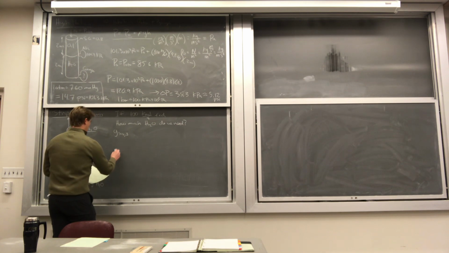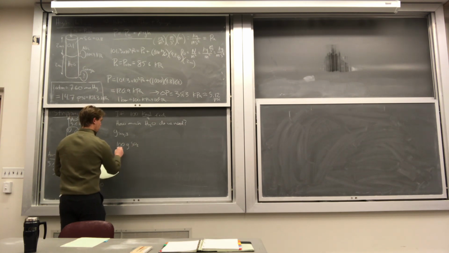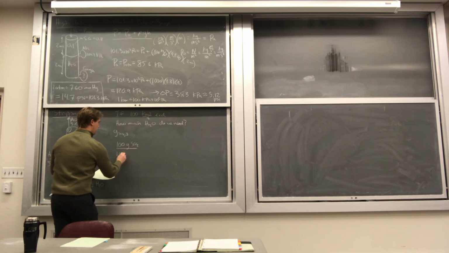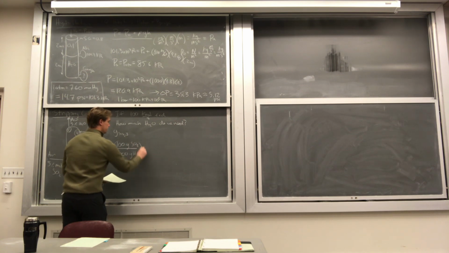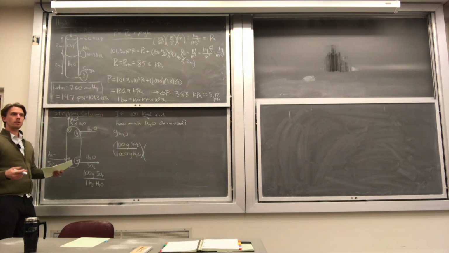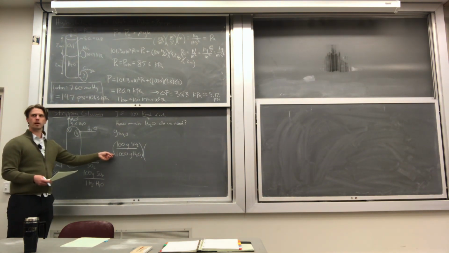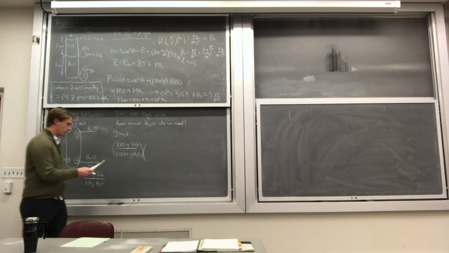So we have 100 grams of SO2 per 1,000 grams of water. We can use the molecular weights here to convert this. So we're choosing a basis of 1,000 grams of water here, and then we're doing the calculation.